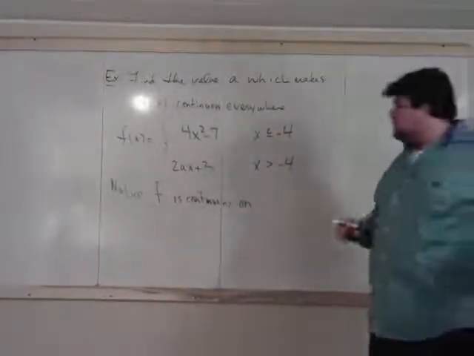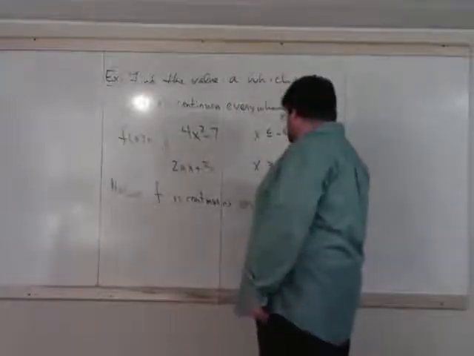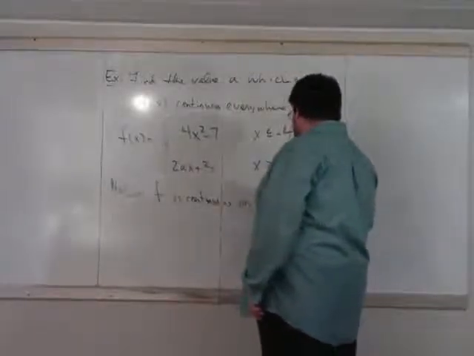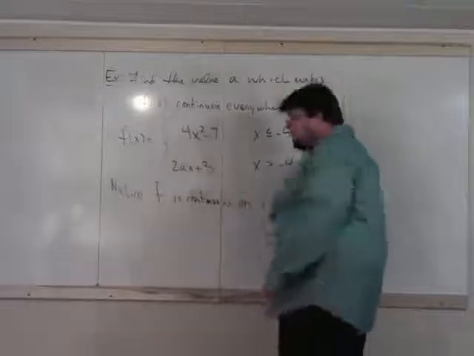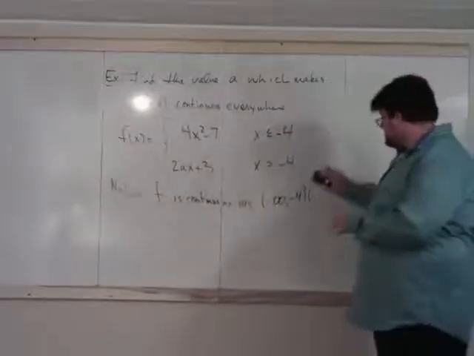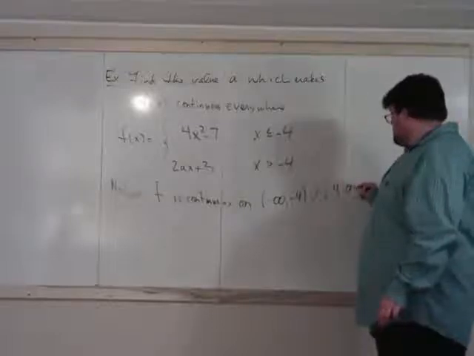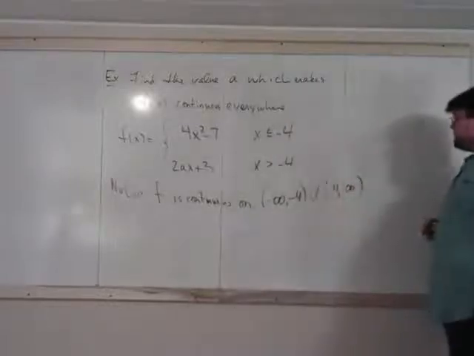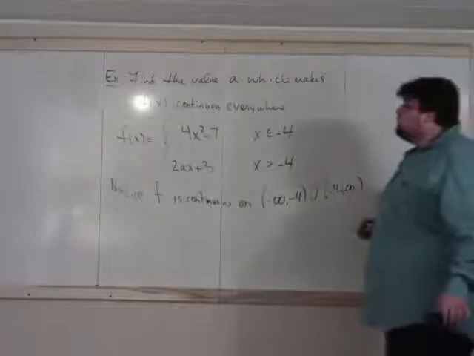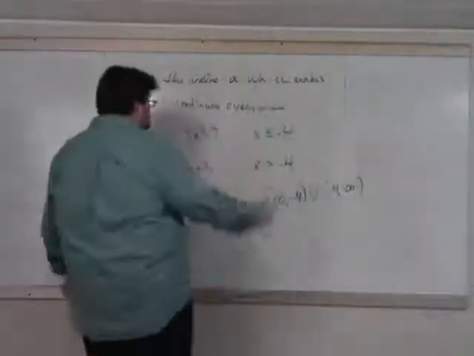But we first have that f is continuous everywhere else. That's not a u, that is a parenthesis, union. On -infinity to -4, and -4 to infinity. So all we have to do is check -4.